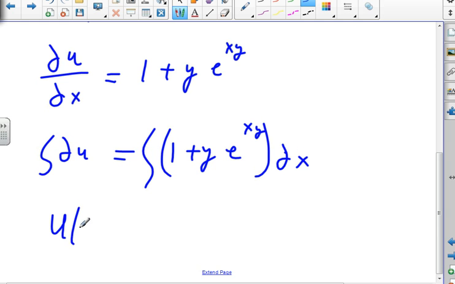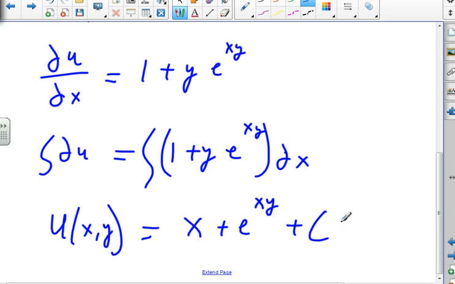So u of xy has to be x plus e to the xy plus some constant in y only. Yeah, I guess that's what it is.